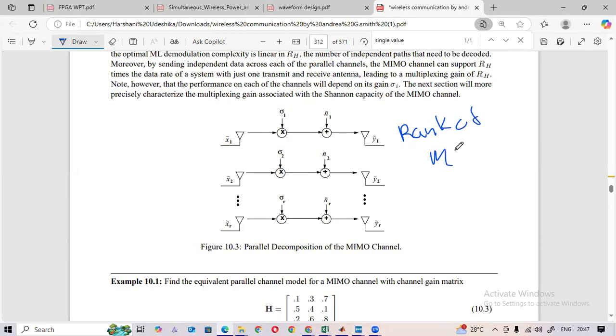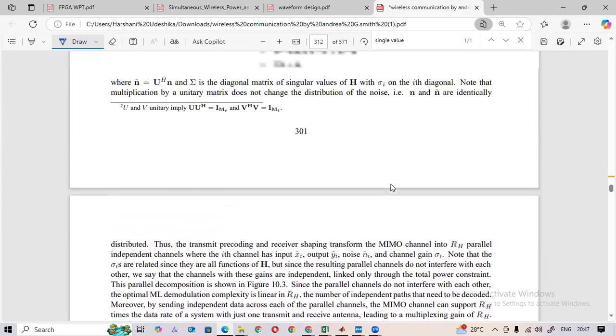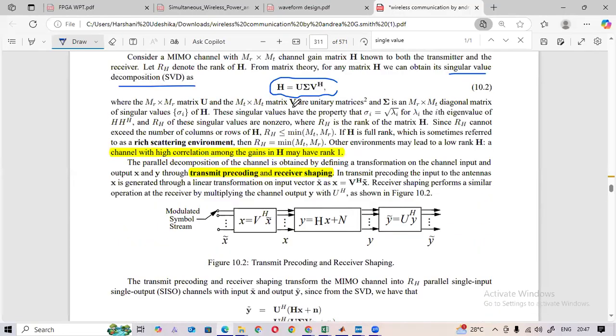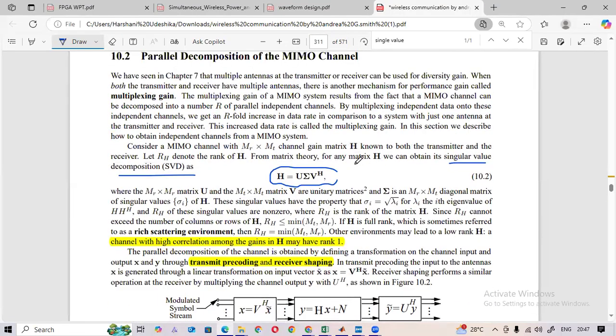Maybe you can use ChatGPT for this one also. How to find the rank of the matrix, just see this one and also this one. I hope that will be enough.